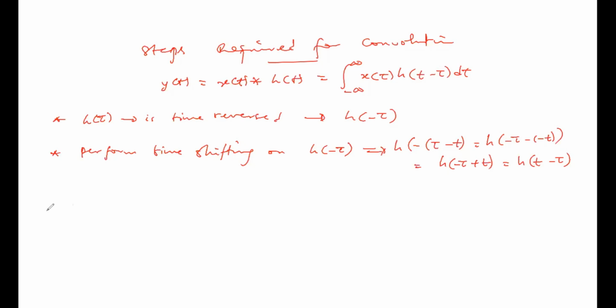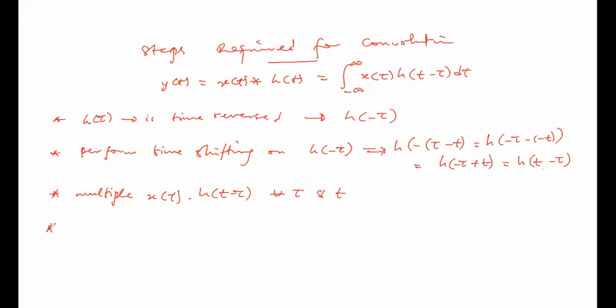Now, we are going to multiply the input signal and the shifted impulse. Okay? Now, you are going to do this for all the values of tau, with t fixed at some value.